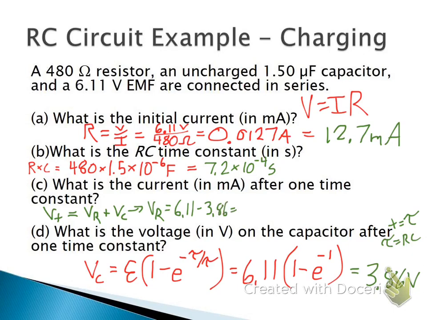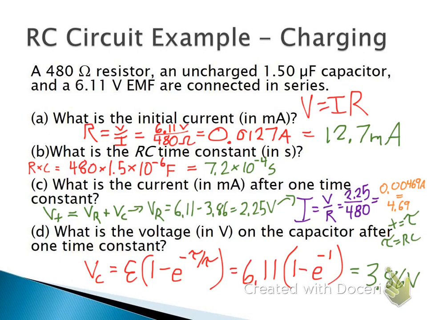And that comes to 2.25 volts. Now I just need to plug this into V equals IR. So 2.25 volts dropping over a 480 ohm resistor will get me a current of 0.00469 amps, which once again, they ask me to convert to milliamps, multiply by 1,000, that's 4.69 milliamps.